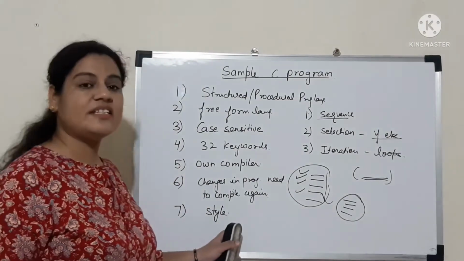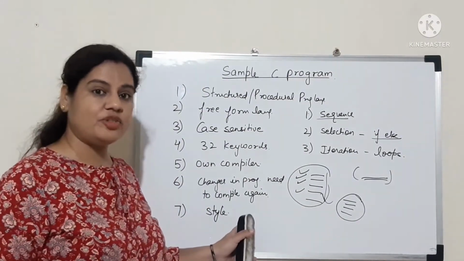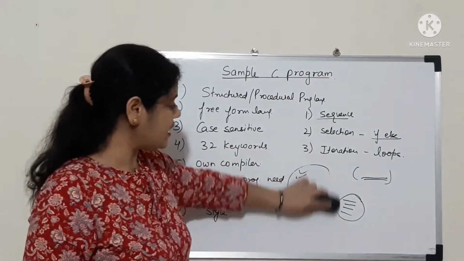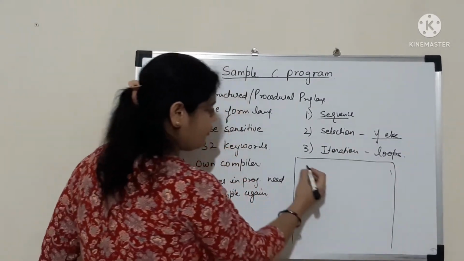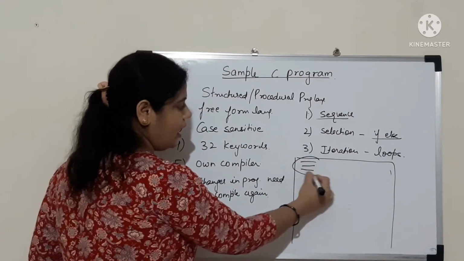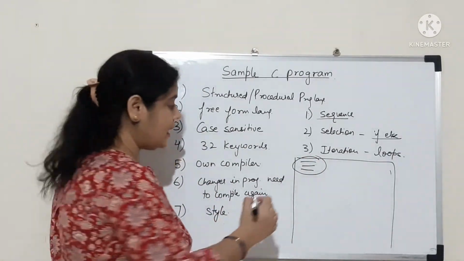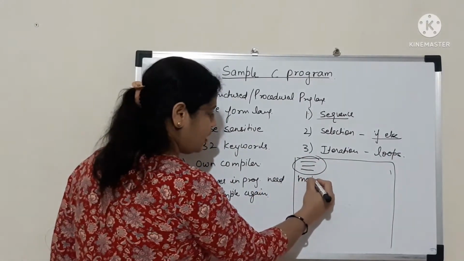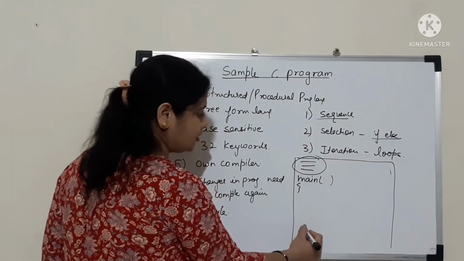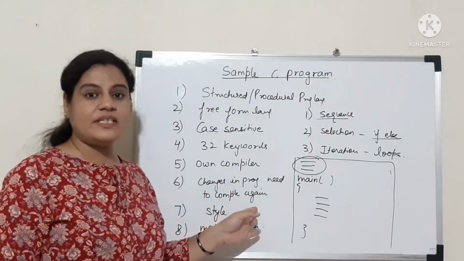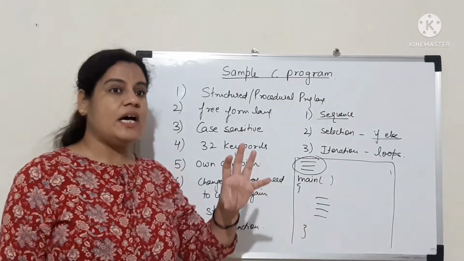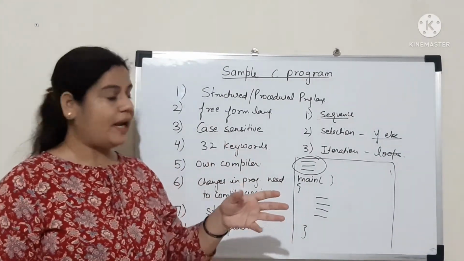Next thing is what? The style of the program. Style means where you have to use various things, like suppose this is your screen. First of all you have to include the library files, header files, then you go for the function which you need to execute, and then the set of instructions. Style means the layout of the program.